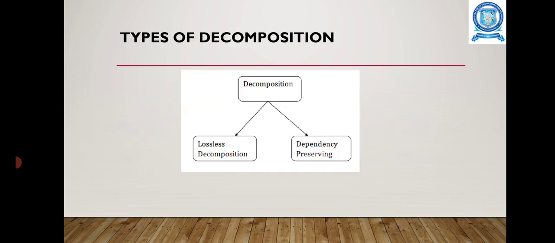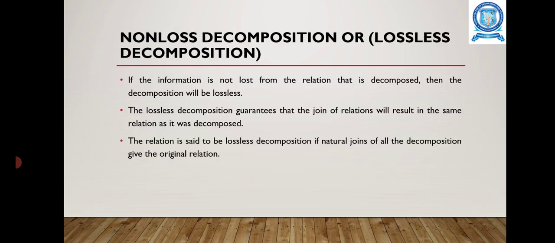Types of decomposition. The decomposition contains two types. The first one is lossless decomposition, and the second one is dependency preserving. Lossless decomposition means non-loss decomposition. If the information is not lost from the relation that is decomposed, then the decomposition will be lossless.